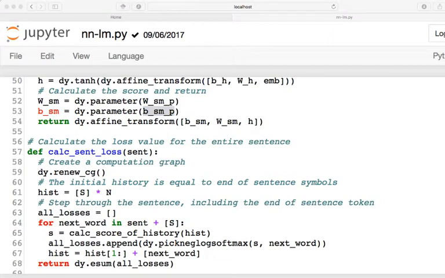Okay, so now I will go to the next thing. One thing that you can actually do is share the embeddings between the input and the output.